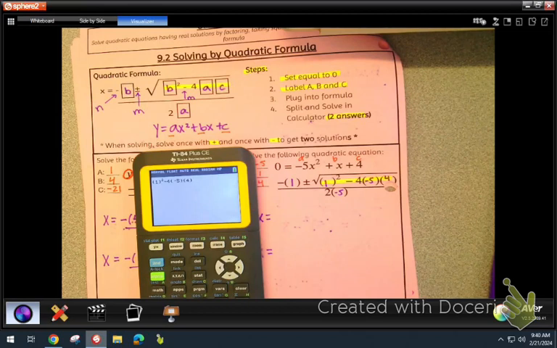It gives you an idea of what your answers are going to look like. Are they going to be pretty numbers? Are they going to be decimals? Are they going to be the same number? You'll explore it more in Algebra 2. So I got 81 for this number. Did anybody not get 81?